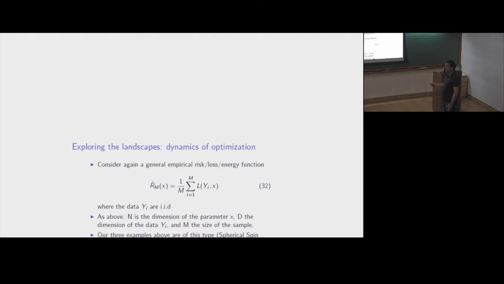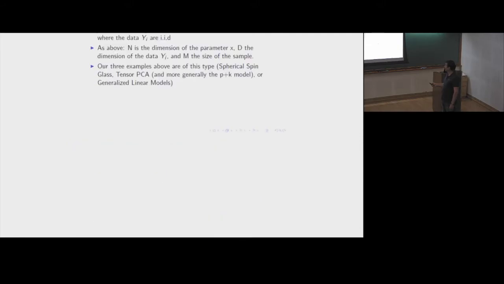Our three examples above are of this type. So remember that the spherical spin glass, Tensor PCA, and GLMs are of that type.